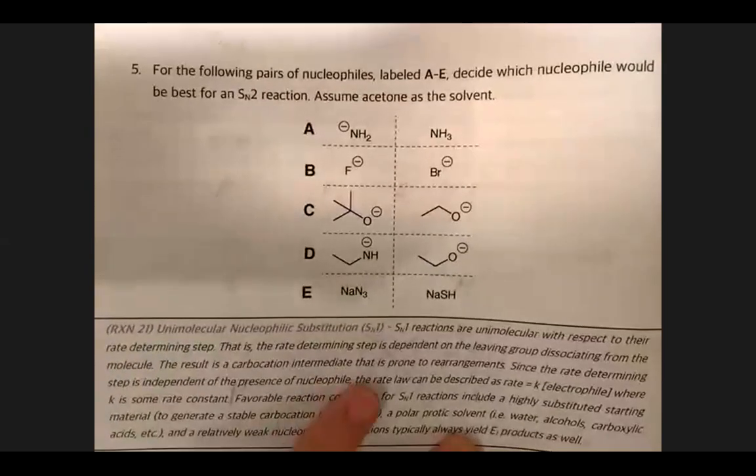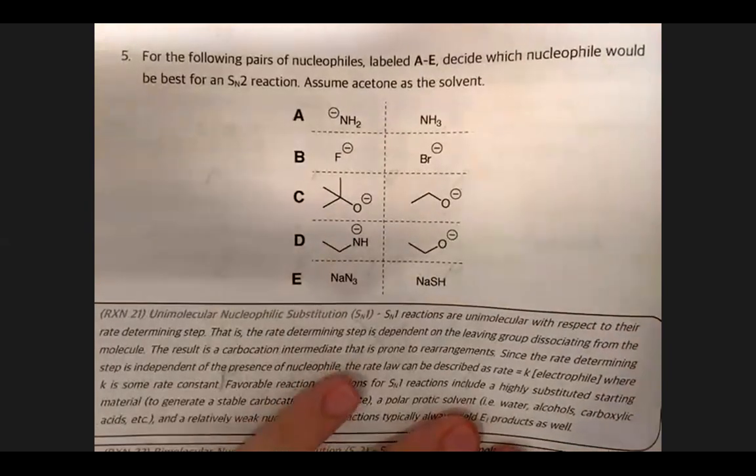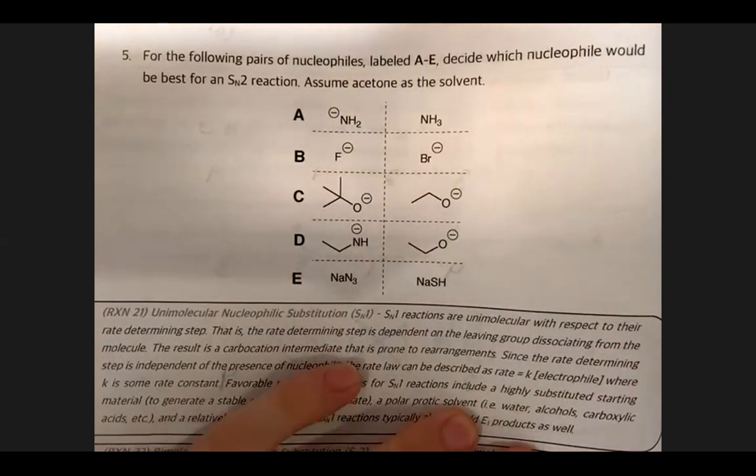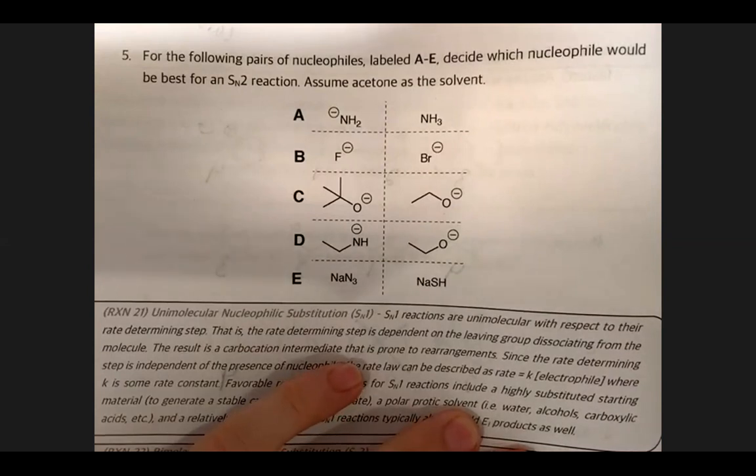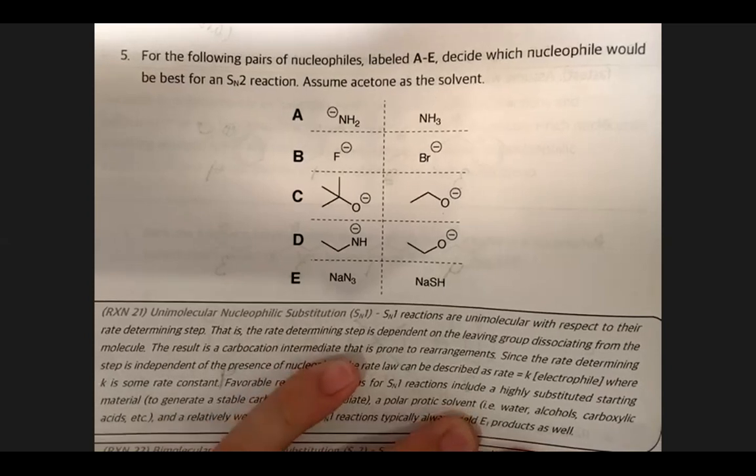Now talking about nucleophile strength. For the following pairs of nucleophiles labeled A through E, we're going to decide which nucleophile is best for the Sn2 reaction. We're assuming acetone as a solvent, so that enhances the nucleophilicity. We said that when we have a complete negative charge on something versus not having a negative charge, it makes it a very good nucleophile.